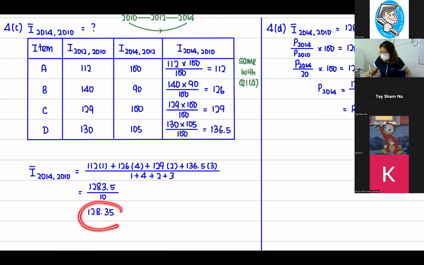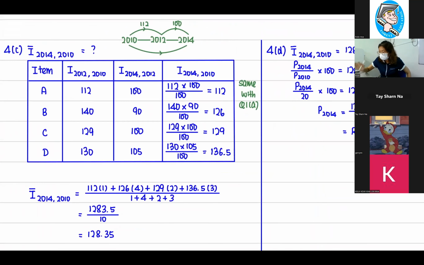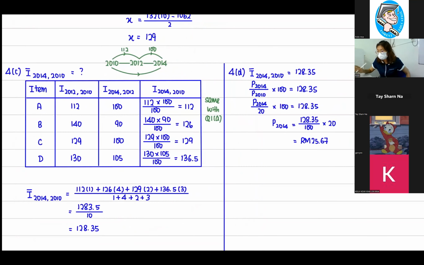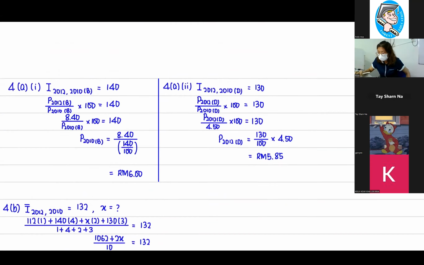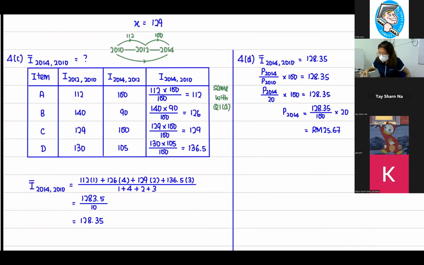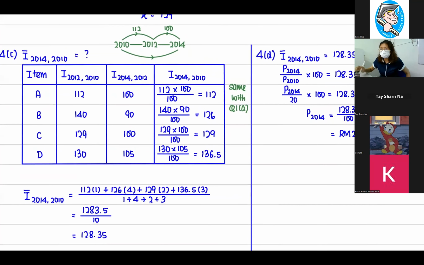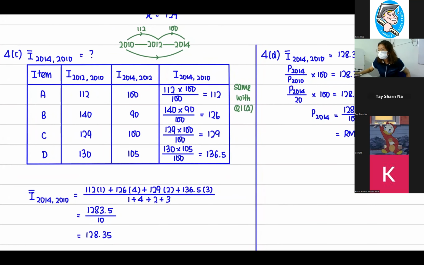After you get the answer, part D is simple already. For part D, from this answer, if you are given that in 2010 the price is 20 ringgit, you find the price in 2014. Now, try to settle question 4C by yourself. I leave this here for you.